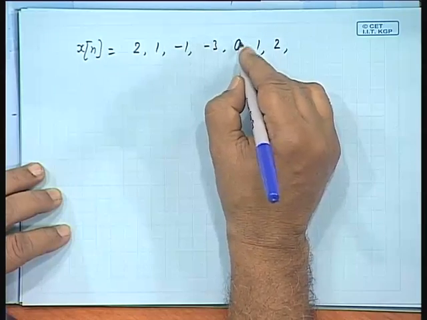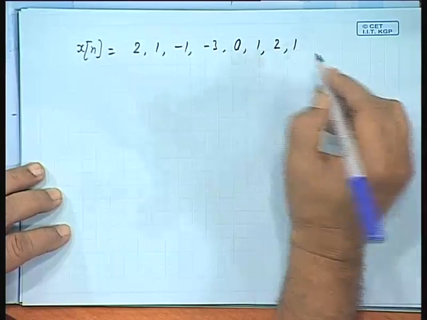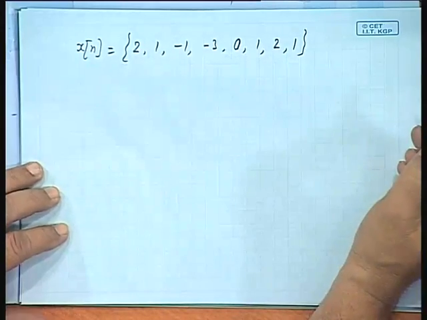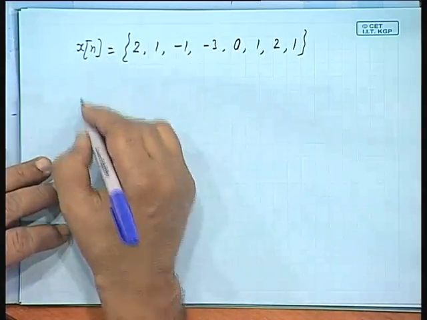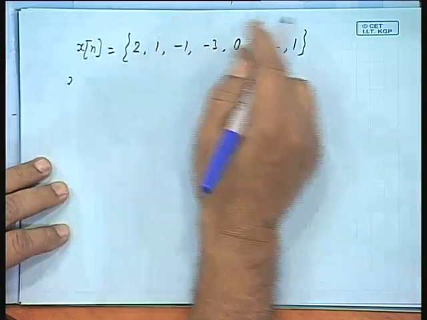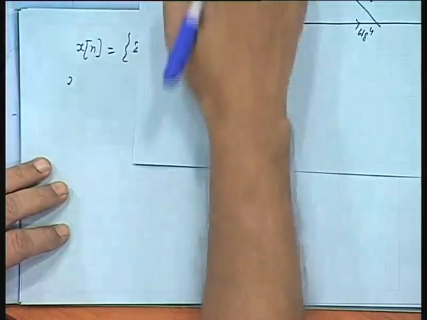In between I can put 1, 0 and 1, okay. This is a sequence. So, what will be the first stage of computation? It will be arranging the terms in this sequence.